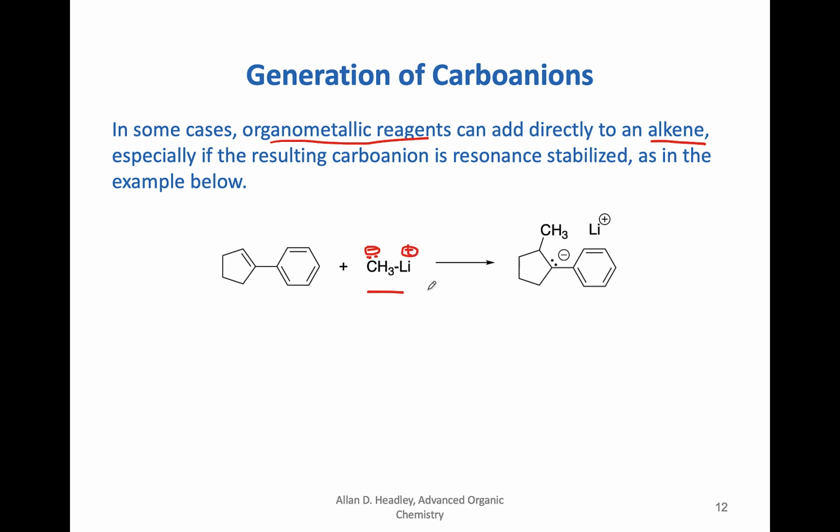We tend not to write it as negative and positive because it's not really 100% ionic. But these electrons can interact with this pi bond, the double bond, and these electrons come over here. So here we have our carbanion, which is generated from an organometallic reacting with an alkene, as shown right here. Again, carbanion right here.